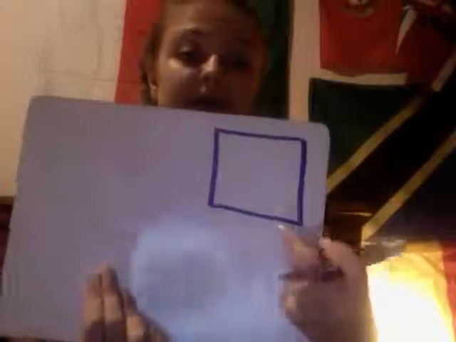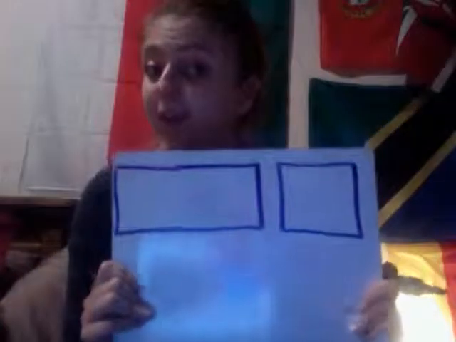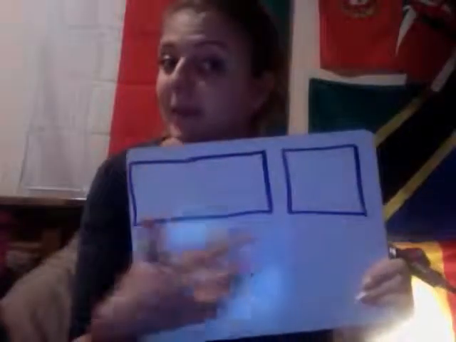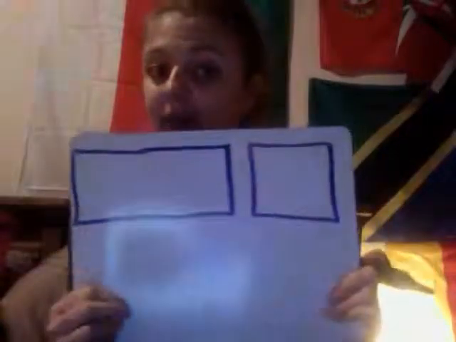We could have a square. Square has 1, 2, 3, 4 sides, so this could be a quadrangle. Rectangle. Does it have 4 sides? Yep. So rectangle could be a quadrangle.